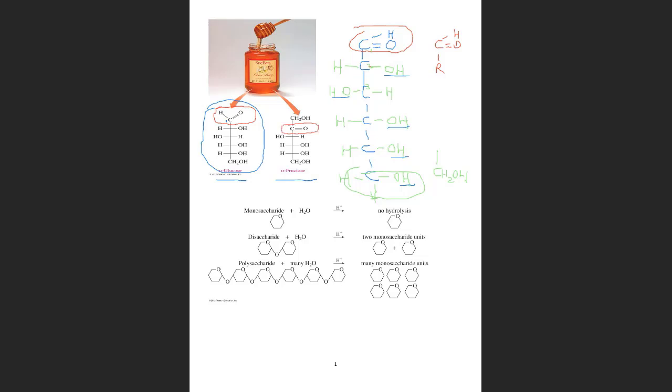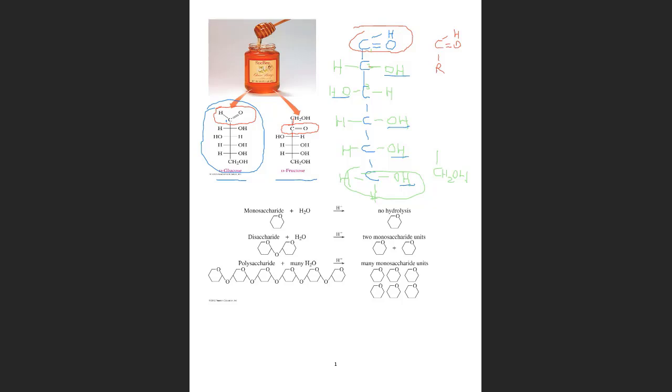It's a ketone because the carbon is bound with a double bond to oxygen, but the other two bonds are to carbon. So this is a polyhydroxy ketone because of the ketone group, and polyhydroxy because there are many hydroxyls.